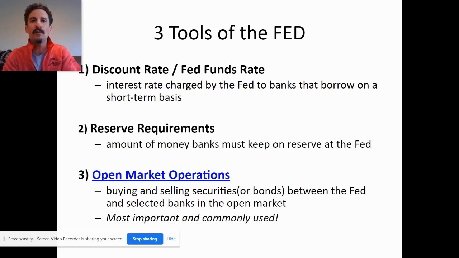But just remember, the Federal Reserve's monetary policy acts like fiscal policy. If they see that the economy is going too fast and inflation is going up, that is scary. So they use their tools, the rates, the requirements, and open market operations to slow the economy down, because too fast is too fast, and you don't want that.